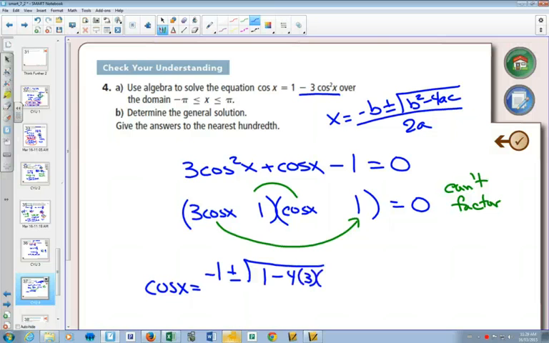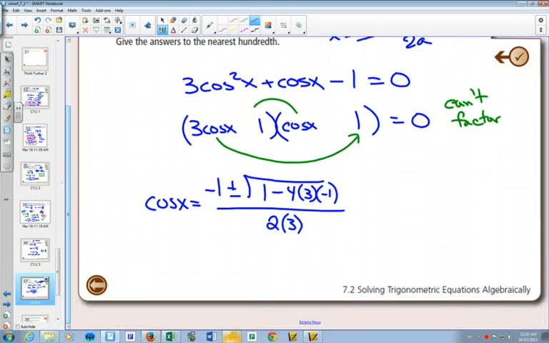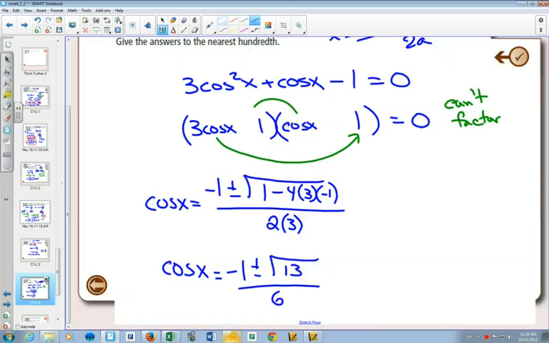A is 3, c is negative 1, over 2a. Negative 1 plus or minus the square root of 13 over 6.